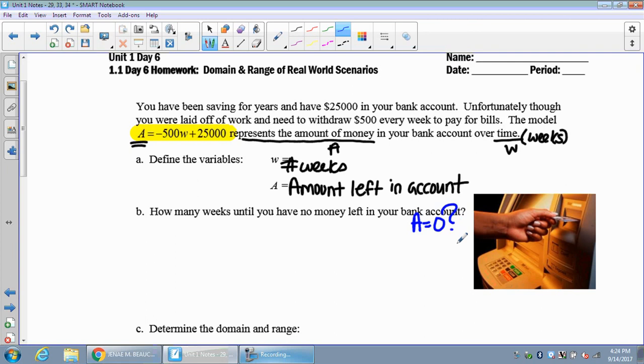So let's let that happen. 0 equals negative 500 W plus 25,000. And let's solve.